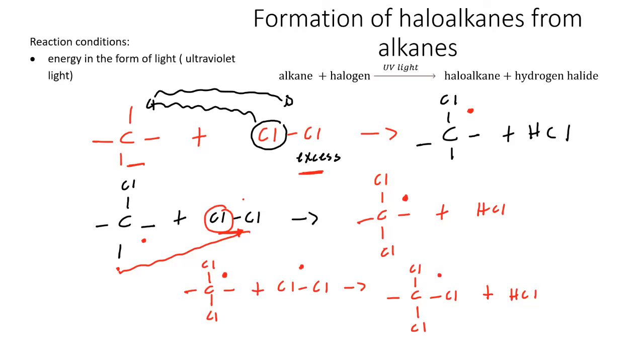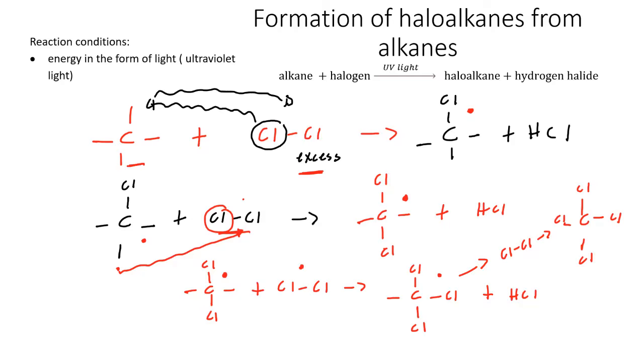If you were to go further with this reaction, let's say you add Cl again, add a lot of the chlorine there. If you were to go further, Cl and Cl, you'd form the following product. They are tetra. Tetra means 4.